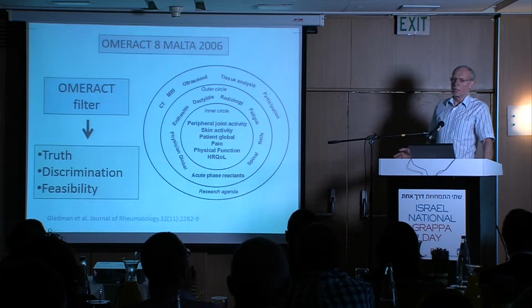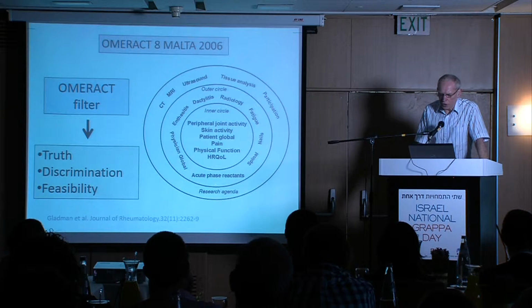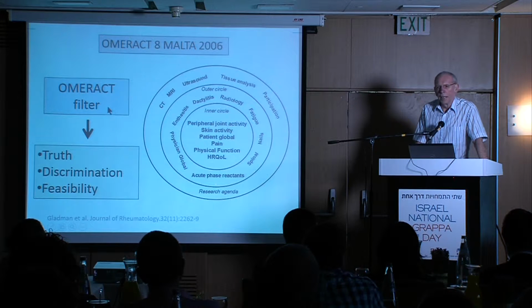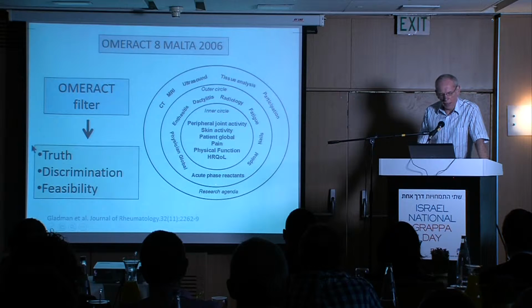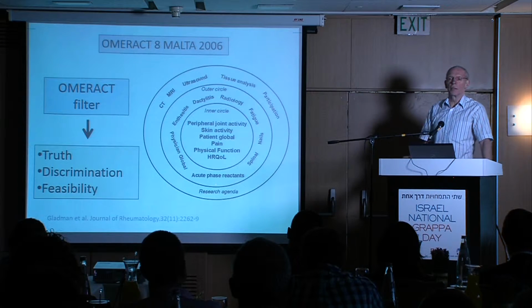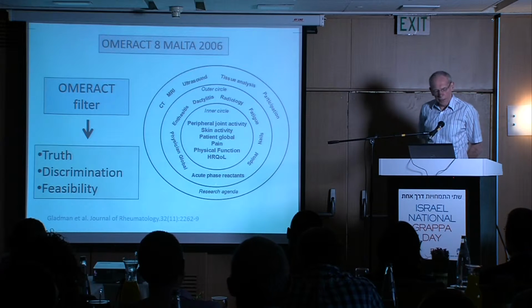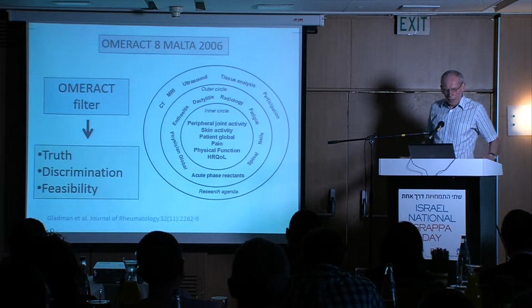Now, the OMERACT process is quite rigorous, and each of these outcome measures is examined using what's called the OMERACT filter, which basically has three headings. Truth: does the measure measure what it says it's set out to measure? Is it discriminatory?